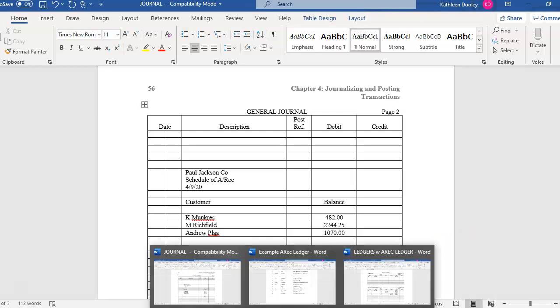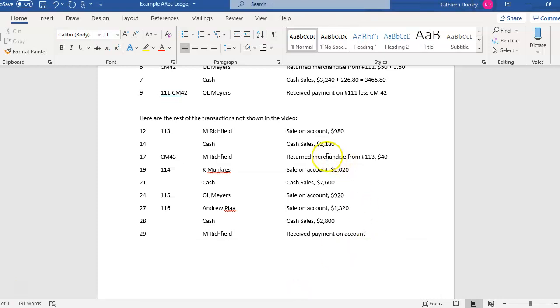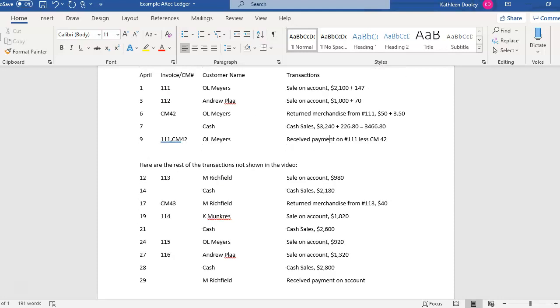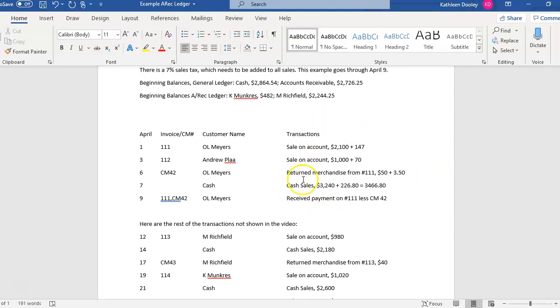Now, if you were doing the rest of this problem, you would have continued on with the rest of these transactions. These transactions are all similar. There's nothing new or different from what we had up here.